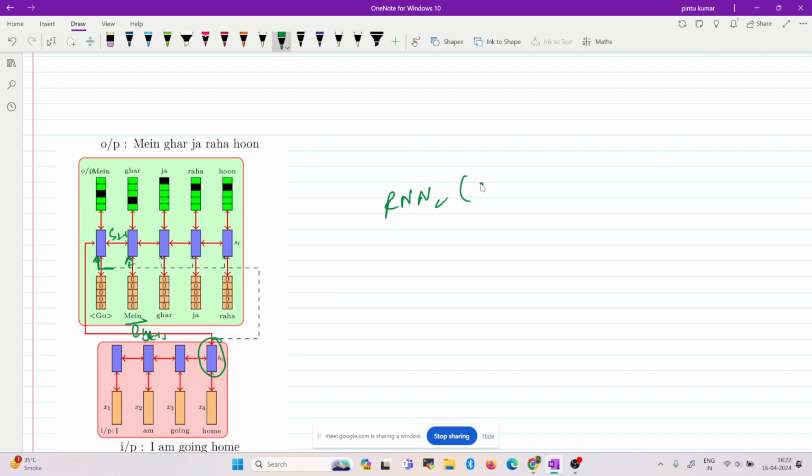The first one is your S of T minus 1, and the second one is the concatenated E of Y T minus 1, comma, H of capital T. Okay, so this is the input to your RNN.